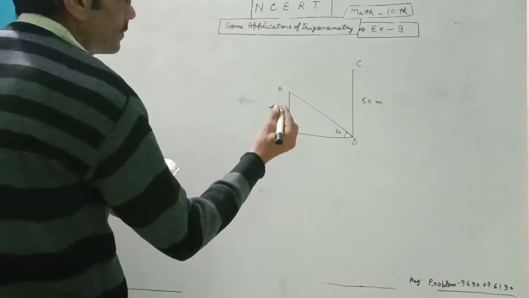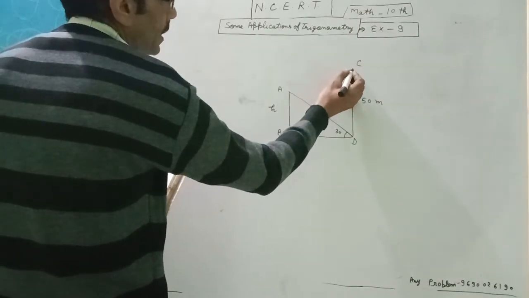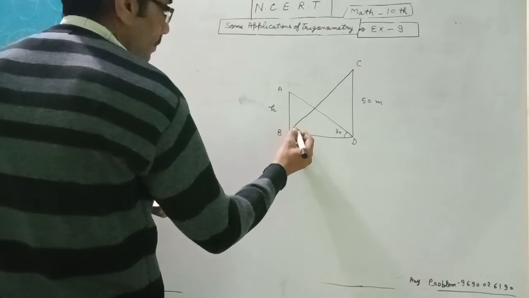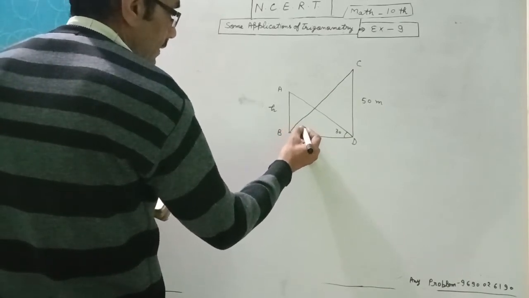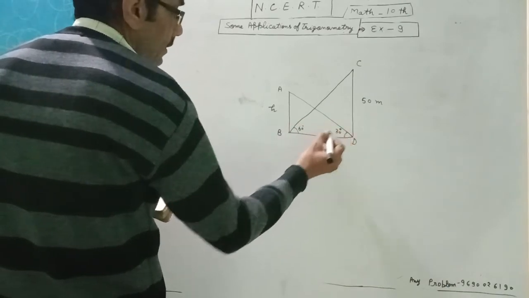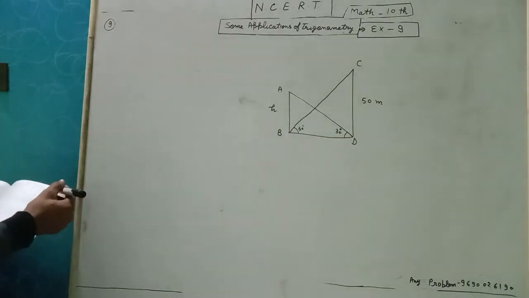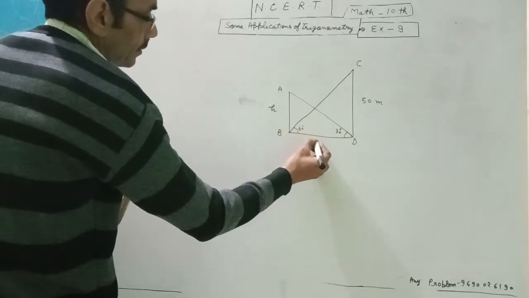H, and from the bottom of the building the elevation angle of the tower is 60. So find the height of the building.